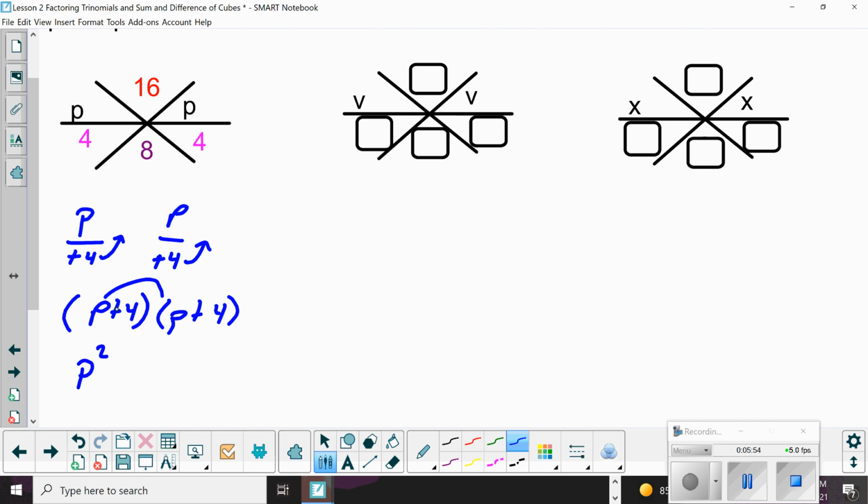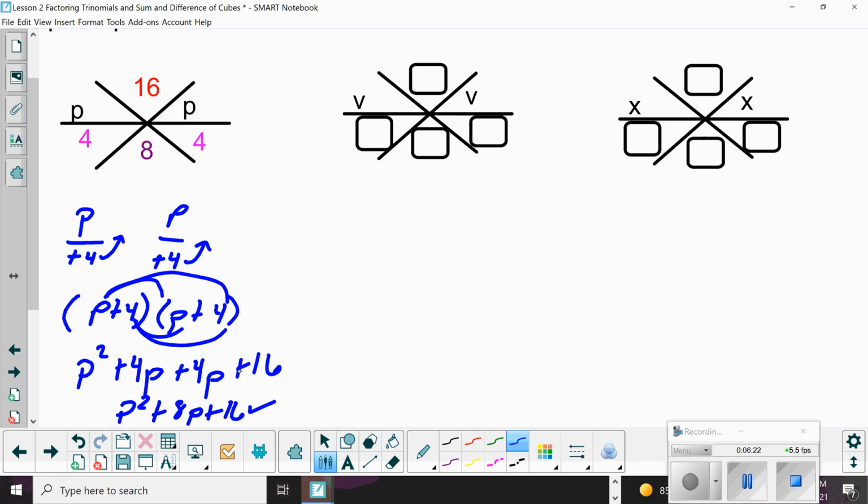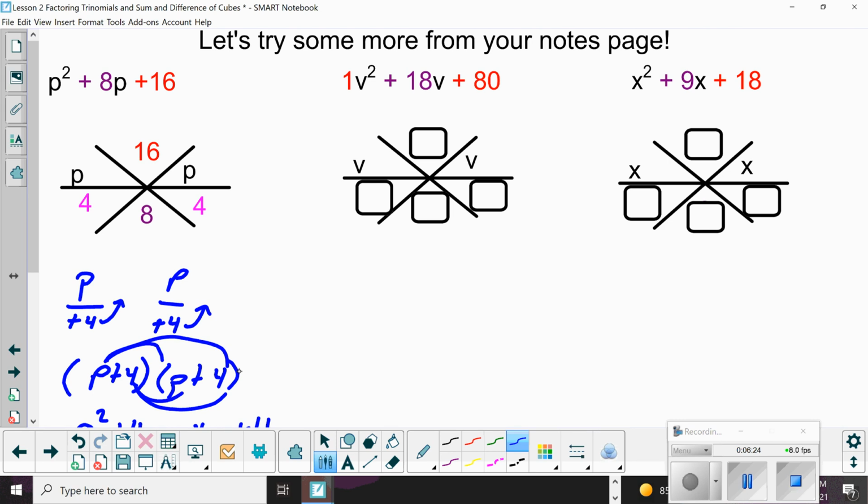And then P times 4 is 4P. 4 times P is another 4P, and then 4 times 4 is 16. 4P plus 4P is 8P, so P squared plus 8P plus 16. That checks. That's the exact same thing that we started with. So remember, you can always multiply it back together to double check your answer.